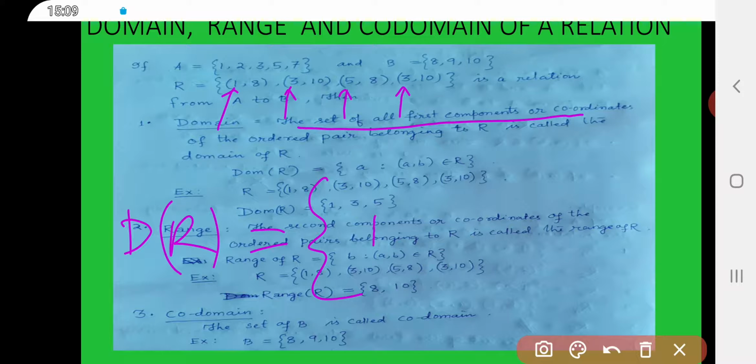So the domain of R is 1, 3 and 5. This is the domain of the relation R.